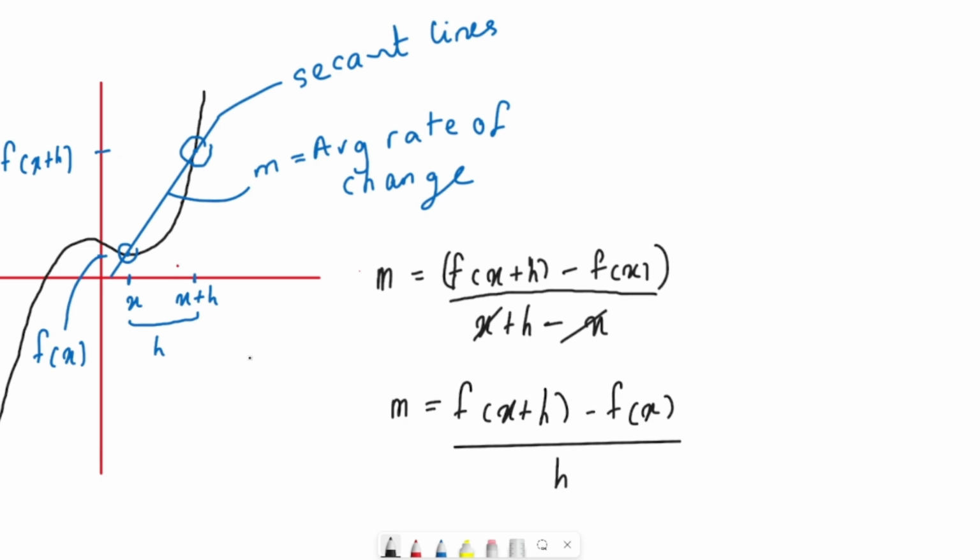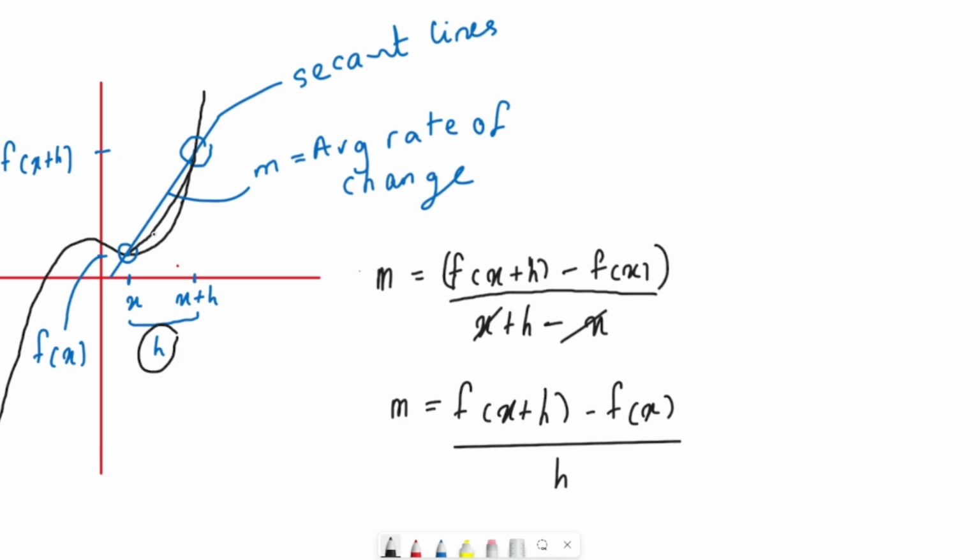Now, what I want you to imagine is if I were to shrink this length h infinitely small, but not exactly 0. Like, if I were to shrink this value down as much as possible without actually making it 0, then I can make this point come closer and closer and closer to this point.